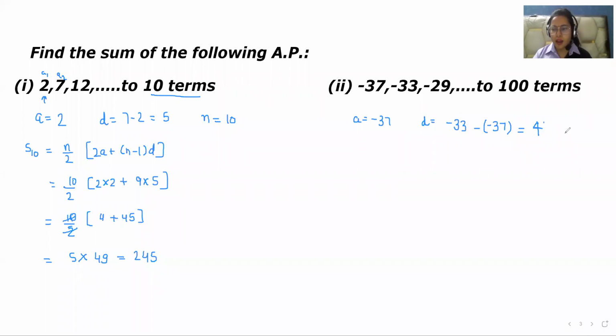Now, what is n? n is 100 terms, so n is 100. So S100 is n by 2 times (2a plus (n minus 1) times d).